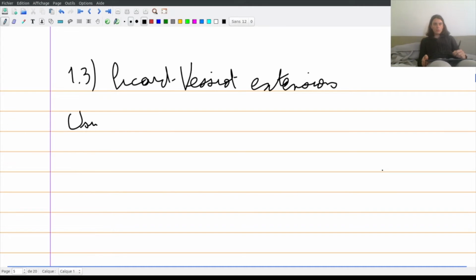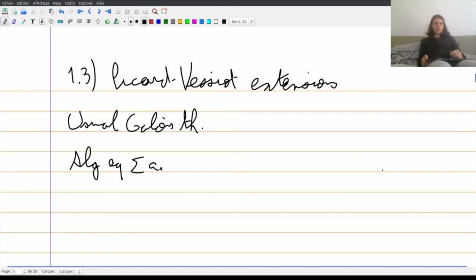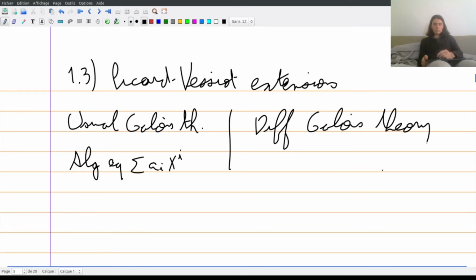In usual Galois theory, you have an algebraic equation, and in difference Galois theory, the basic object is a difference equation.